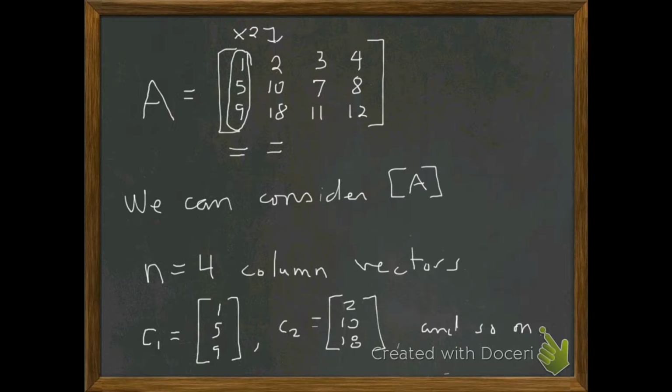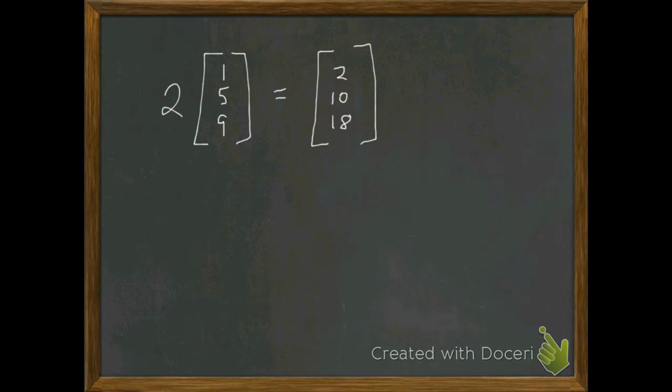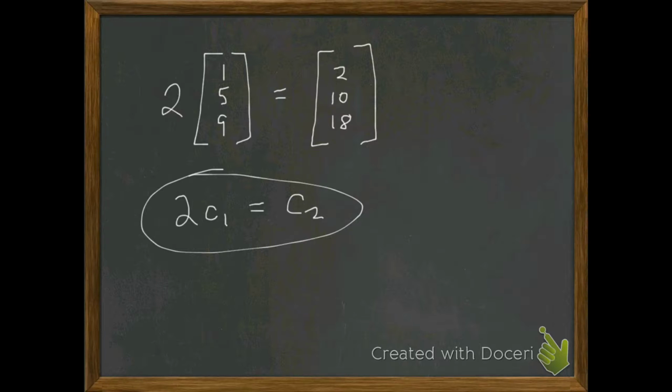So in other words, 2 times (1, 5, 9) gives (2, 10, 18), which expresses that 2 times column 1 is column 2. Now that doesn't seem like a big deal in isolation, but in statistics and even in the theory of matrices, it gives us problems. So what we have here is what's called linear dependence.